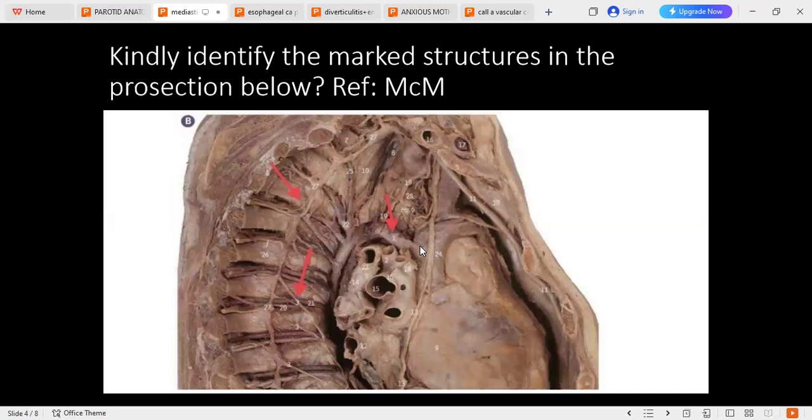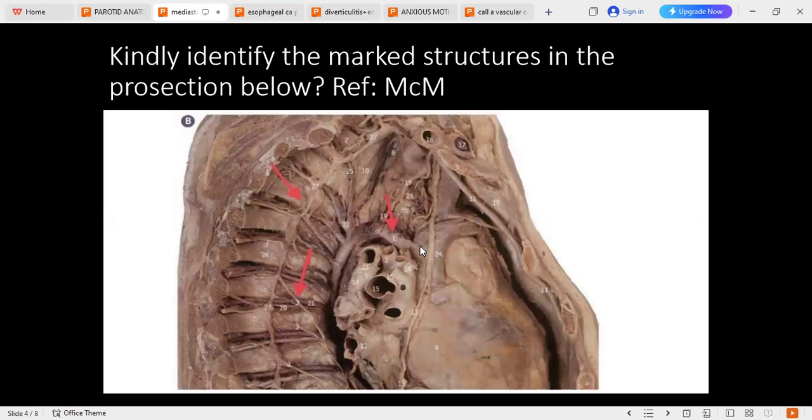Clots are always dislodged from the veins, not the arteries. From the lower limb, it will go to the popliteal vein, and from there to the superficial femoral vein.